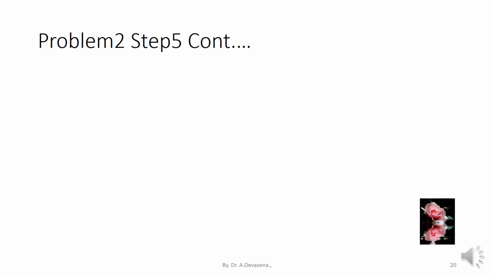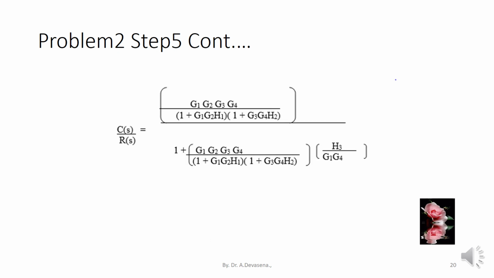Now we have to simplify the value C of s by R of s. In the numerator we have G1, G2, G3, G4 divided by 1 plus G1, G2, H1 into 1 plus G3, G4, H2. And in the denominator we have 1 plus G1, G2, G3, G4 divided by 1 plus G1, G2, H1 into 1 plus G3, G4, H2 into H3 divided by G1, G4.